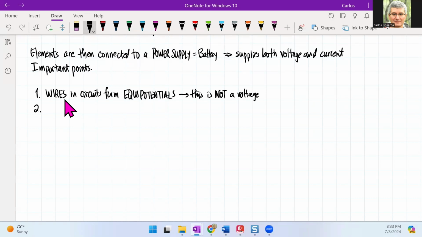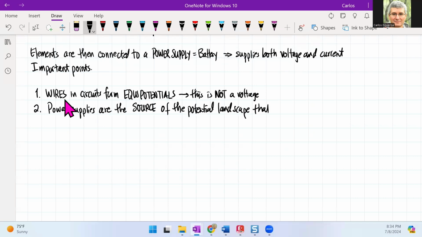2. Power supplies are the source of the potential landscape that tell charges how to move.